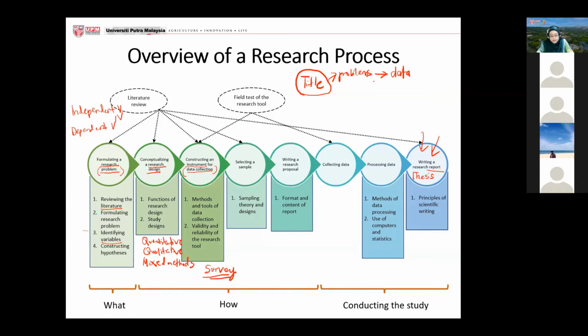So for those who had WhatsApp me before, asking about title, these are the things that I also highlighted. When you look at your title, my comment might say that it's quite general. Why is it quite general? Because when people read the title, they sort of know I'm doing something on water quality, for example.